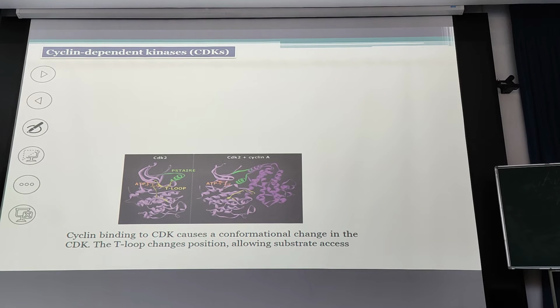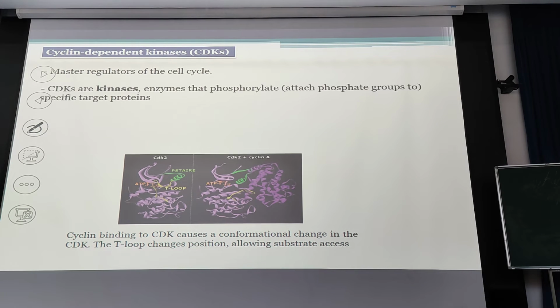The second part is the cyclin-dependent kinases. They are the main regulators of the cell cycle. They are kinases. Whatever I have written in bold here is important and may appear in the exams.